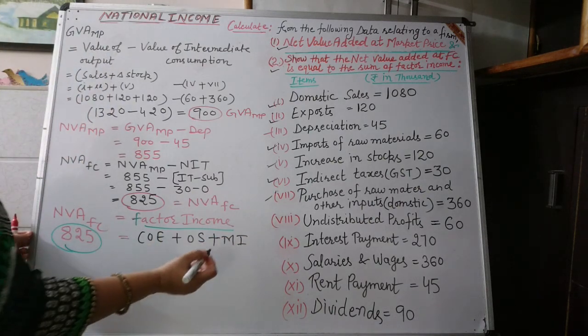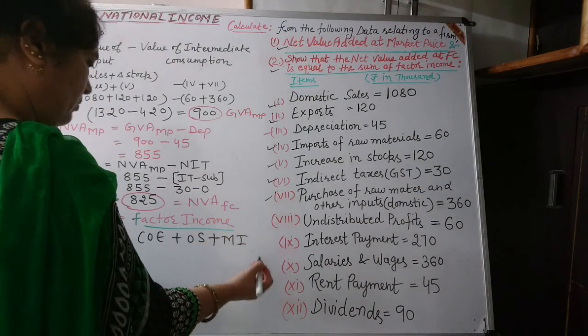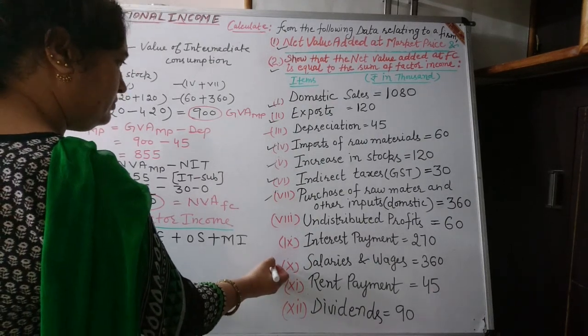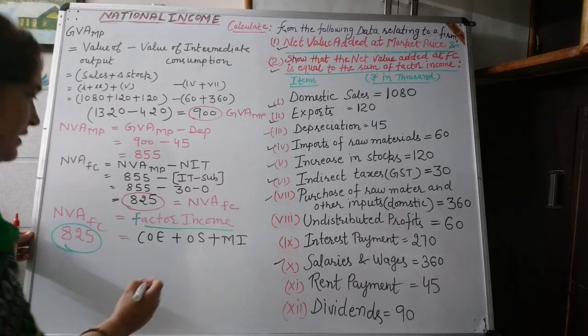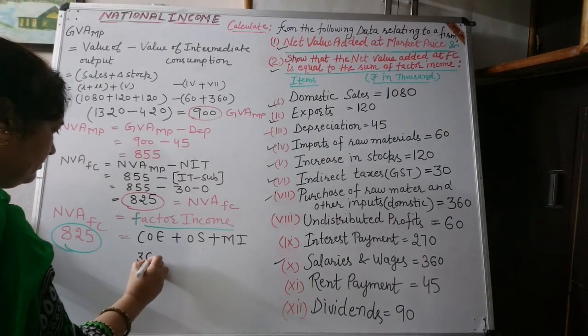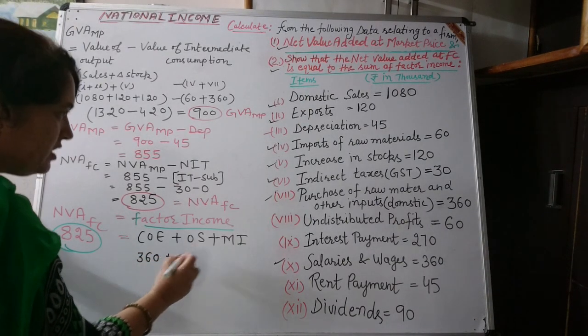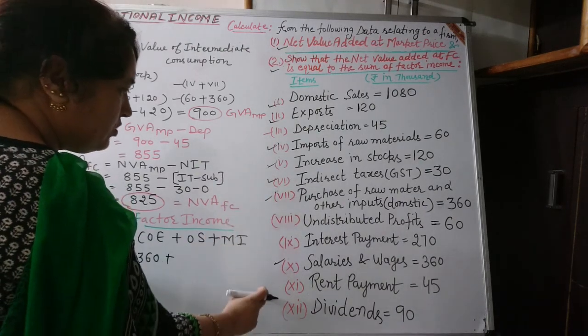So let us find out the values. Compensation of employees includes wages and salaries 360, plus employer's contribution, which is not given.